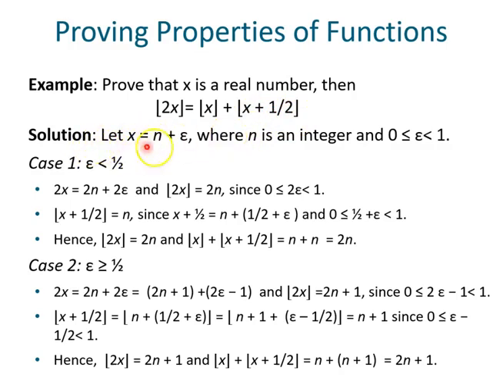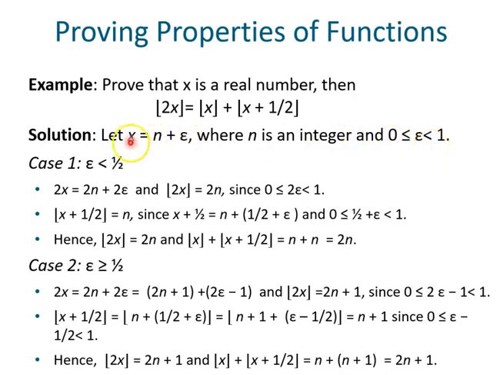To prove it, we consider x in this form: n plus epsilon, where n is an integer and epsilon is a number between 0 and 1, strictly less than 1.